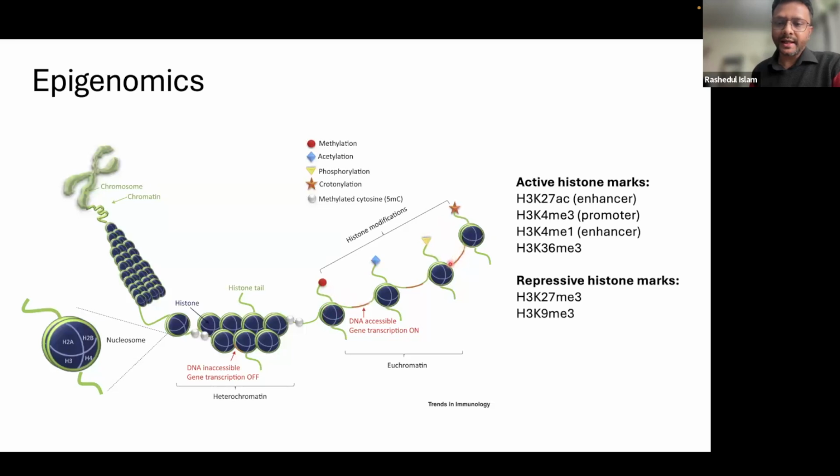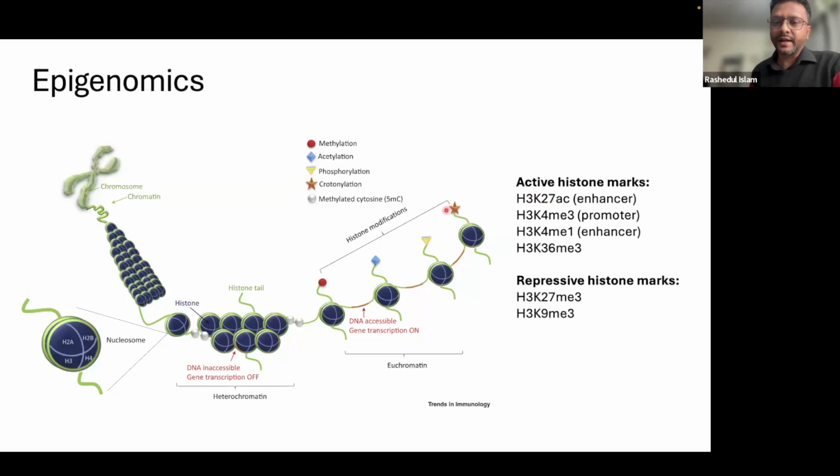Also, the DNA can have CpG methylation, the cytosine methylation. So the presence of these covalent modifications indicates the function of this DNA segment or genomic segment. These are called histone marks. The presence of a certain modification indicates the function of this location.